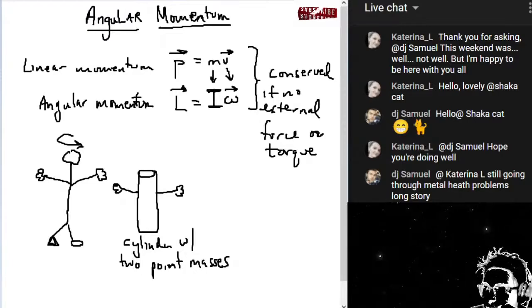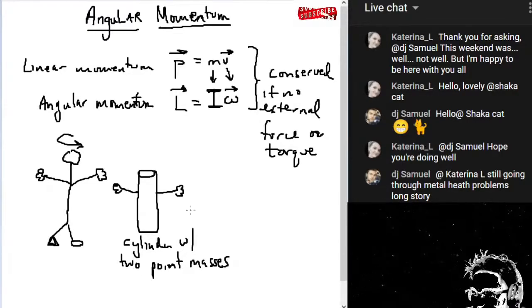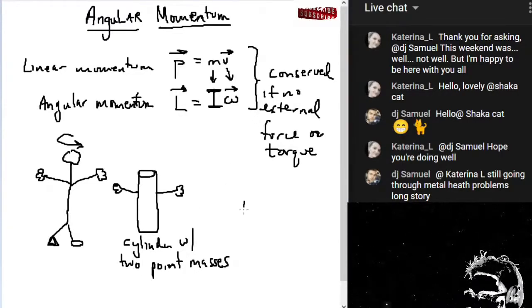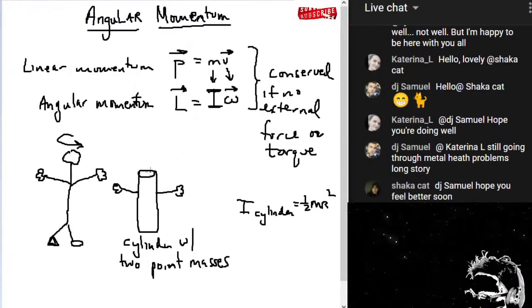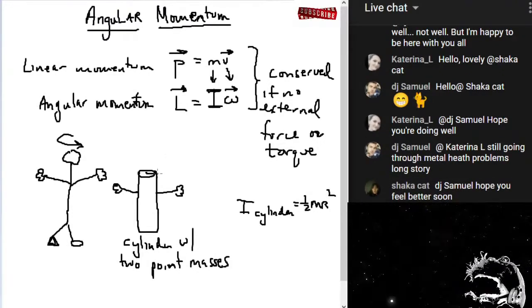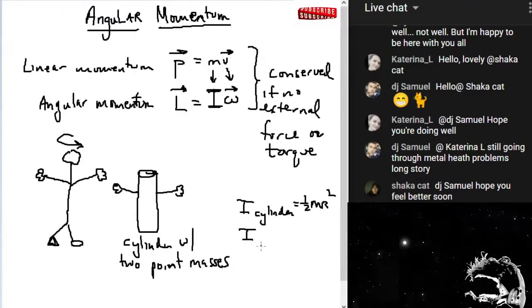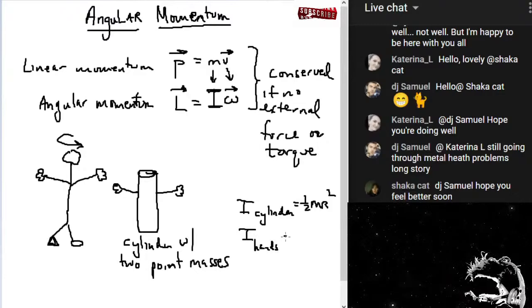So, what is the moment of inertia of a cylinder? It is 1/2 mr squared. So r is the distance from the center to the edge. And then I of the hands, point masses, is just mr squared.